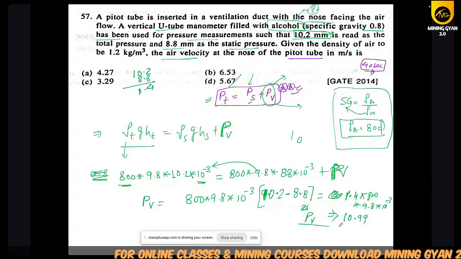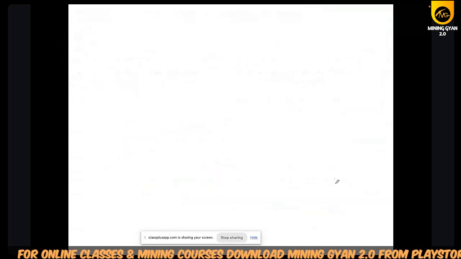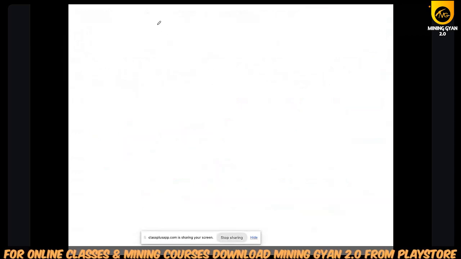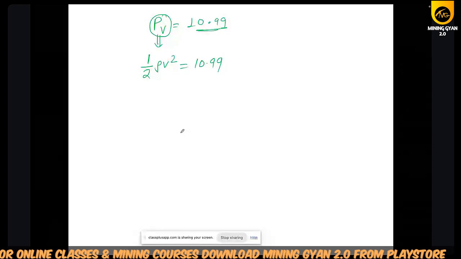10.99. It will be the velocity pressure, you know. अगर आपने velocity pressure calculate कर लिया, then we have seen what the velocity pressure is. Velocity pressure is half rho v square equal to 10.99, है ना? इतना समझ में आ गया होगा.